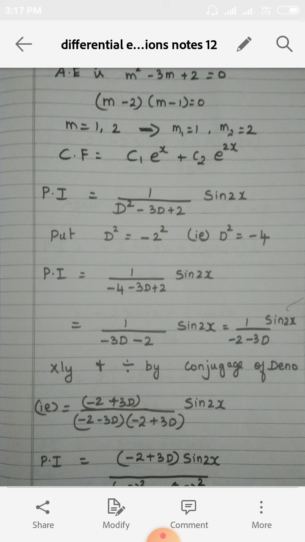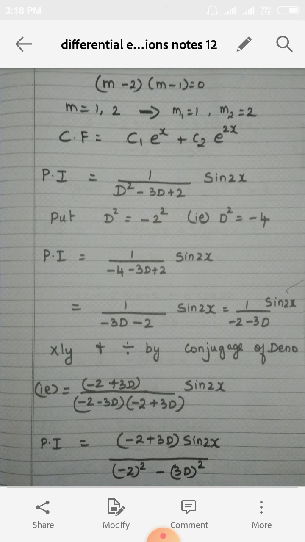So 1 by, write the equation, D square minus 3D plus 2 into sine 2x, sine ax. So in the place of a we have 2. So what we have to do? Put D square is equal to minus 2 square. In the place of the denominator we have to put D square alone. Minus 2 square is nothing but minus 4.